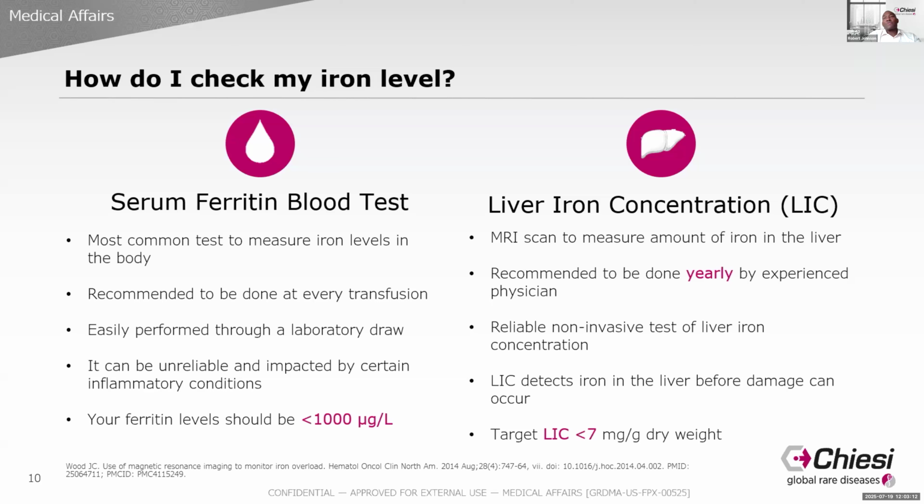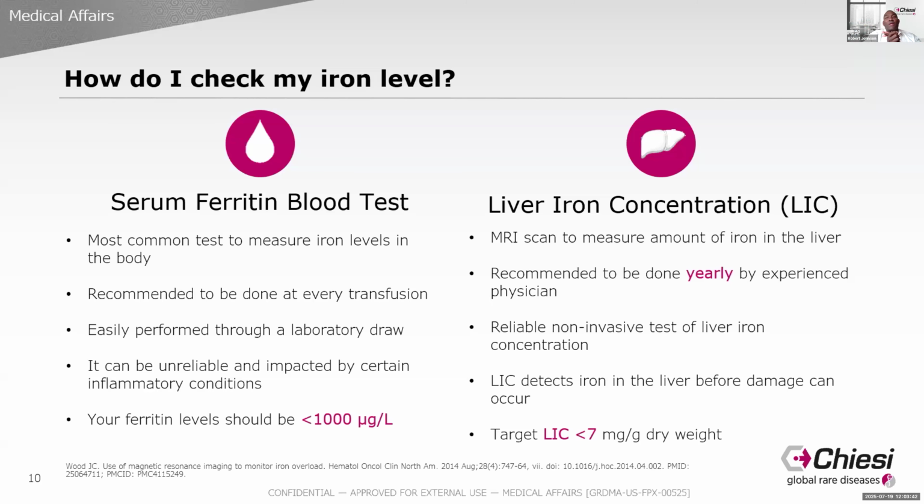A more definitive approach is checking your liver iron concentration, or LIC. It's done through an MRI screening. It is recommended to be done yearly. If you know you haven't had transfusions, then you can probably go every 2 years or so. But it's recommended, especially for patients with hemoglobinopathies, to get your liver iron checked at least every 2 years.